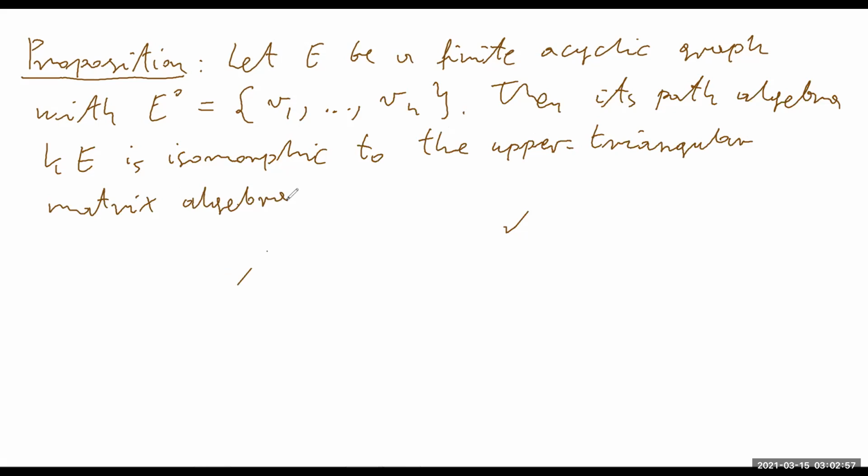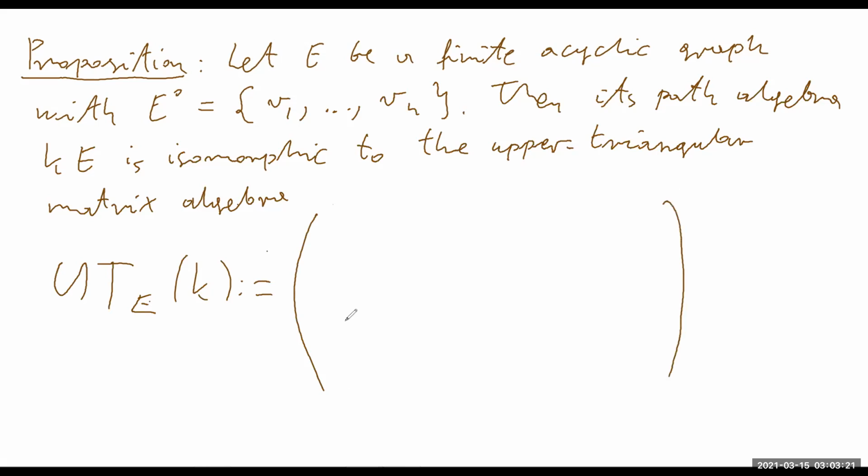And now I need a little space, and I've got a little space. Let me baptize this algebra as upper triangular for the graph E over the field K. And the definition is as follows. Well, it is really upper triangular, so we have 0 below the diagonal.